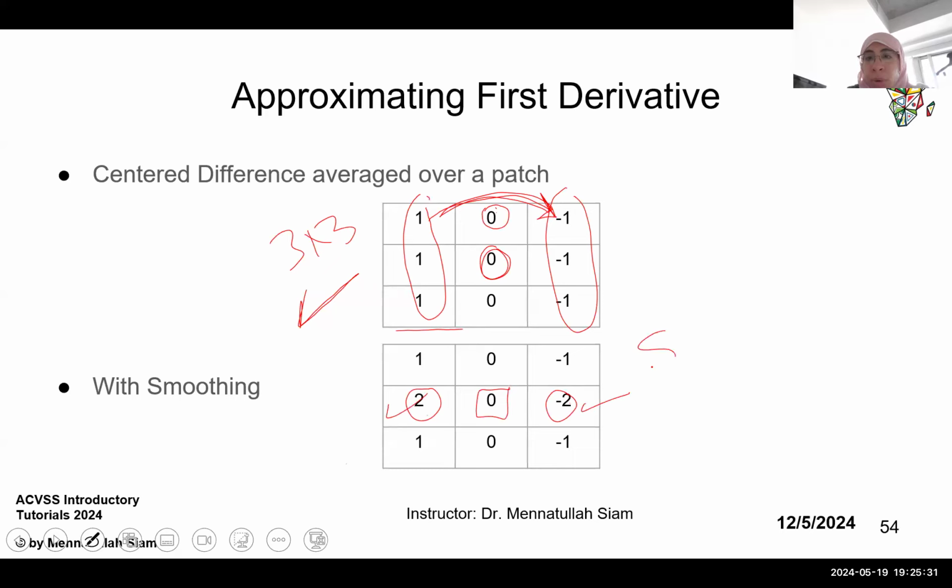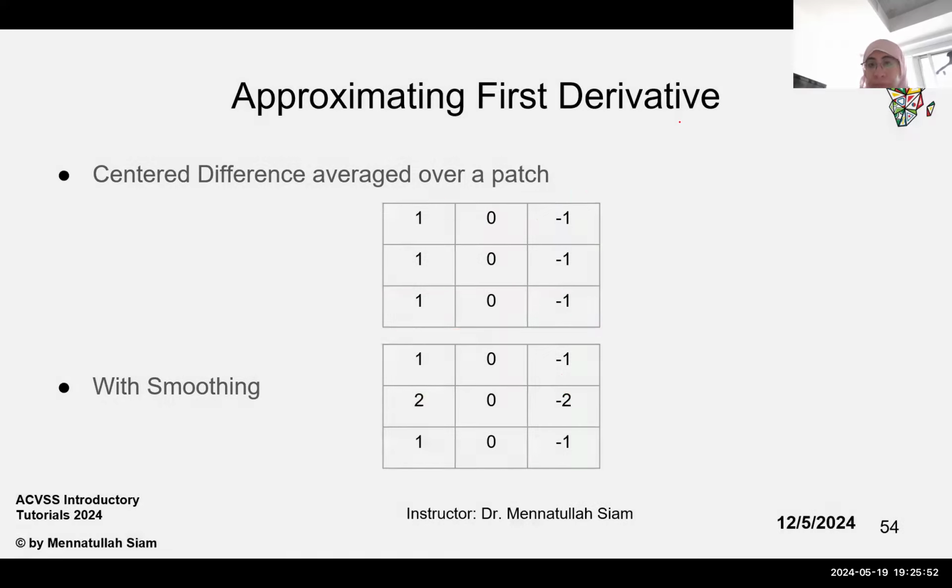This filter is called the Sobel filter. If you convolve the Sobel filter with the image, you see there's some difference happening. It is basically approximating the first derivative, and you can use it to compute your image gradients.